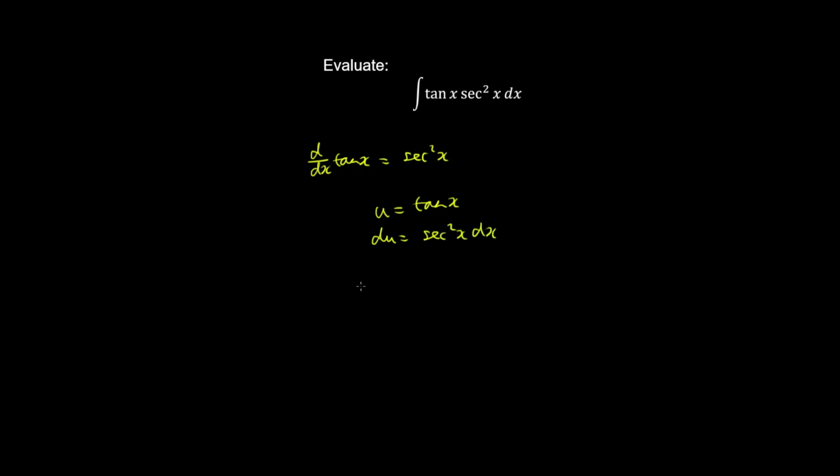And therefore this integral becomes the integral of tan x, which is u, by sec squared x dx, which is du. And therefore this evaluates to u squared on 2, so it'll be 1/2 u squared, where u is tan x, so we get 1/2 tan squared x, plus the constant of integration.